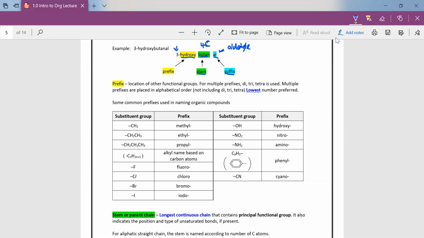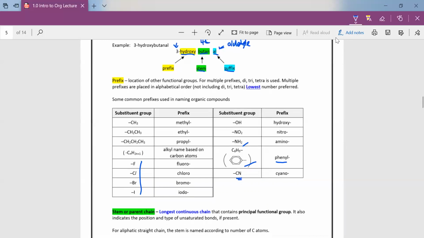And the halogens, the whole list of them: fluoro, chloro, bromo, iodo. Hydroxy group denoting the OH, nitro group NO2, amino group NH2, your phenyl group, which is when the benzene ring is treated as a substituent group. Your cyano is your nitrile group here.